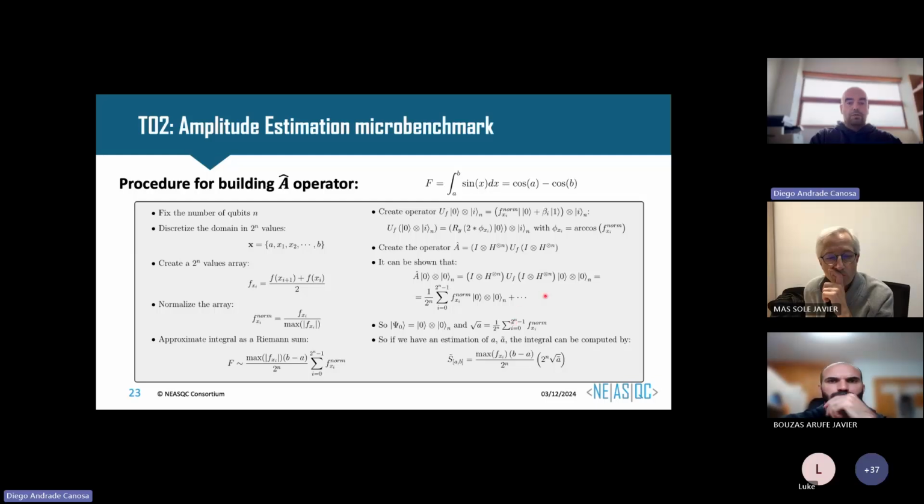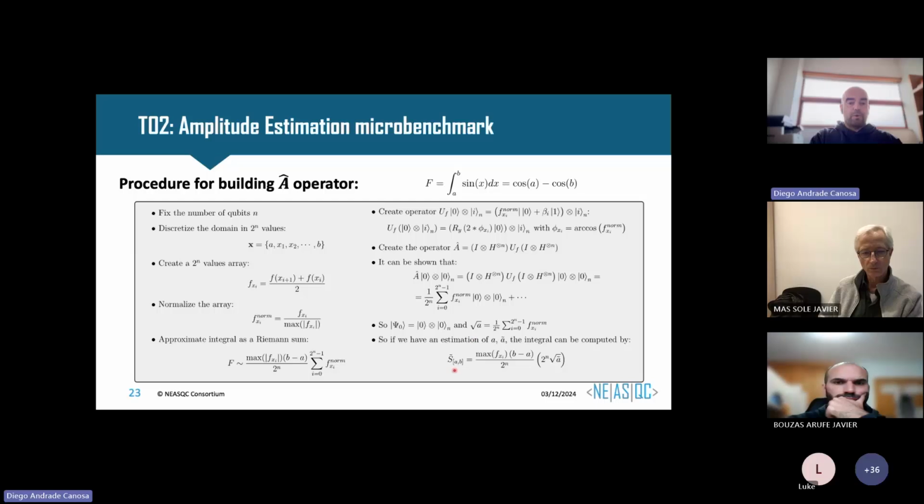Okay, so at the end of this process, and using the algorithm of amplitude estimation, we can extract a value that can be classically transformed in a very direct form to generate the value that we want to calculate. That is the integral of the sine function in a given interval.